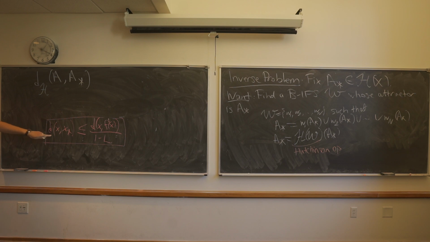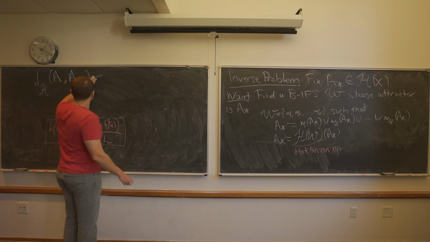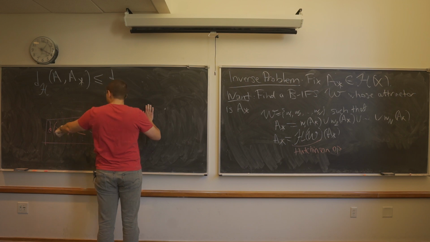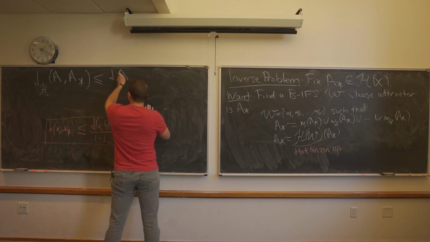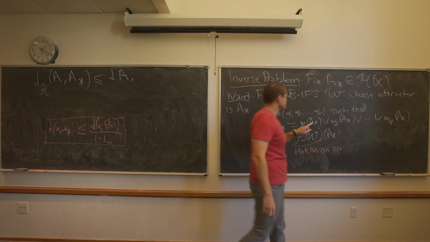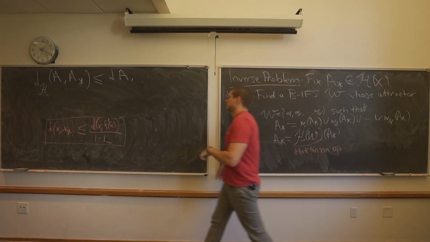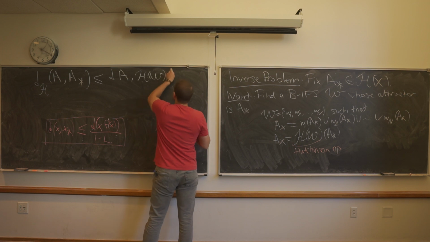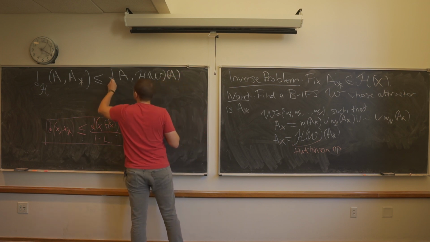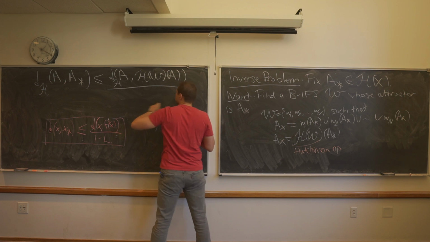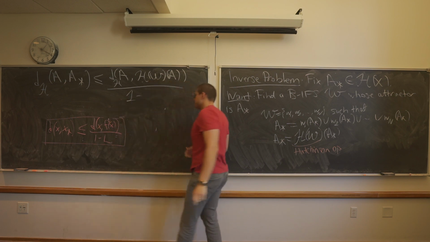This is bounded by D of A, my initial set, and what happens to it if I apply the Hutchinson operator to it once. And this is again the Pompeiu-Hausdorff distance, divided by 1 minus L.